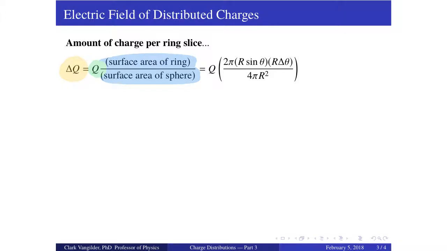So plug in, and we get all of this constant stuff, just a bunch of numbers. We know what our chunk of charge is in terms of radius, and the radius is going to change depending on which slice of the sphere we're dealing with. But calculus is our friend and helps us track that, especially if we have a computer that does it for us.